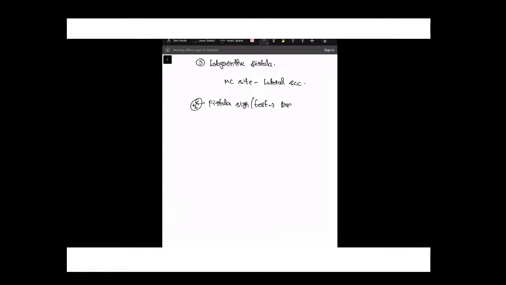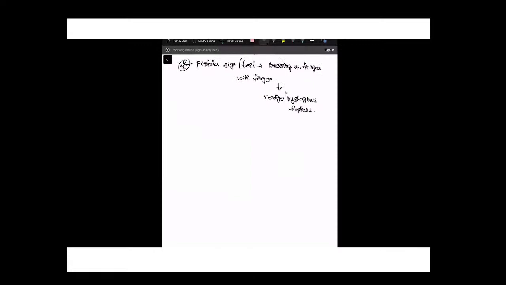That is, on pressing of the tragus with our finger, vertigo or nystagmus happens. We have something called as true positive and false negative.